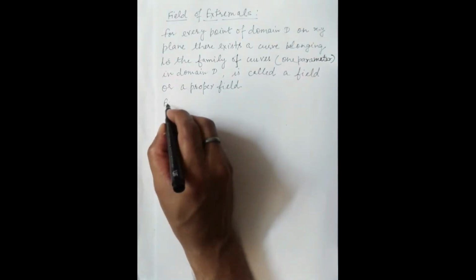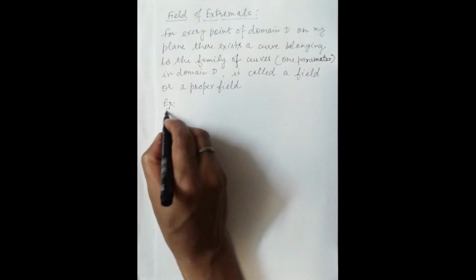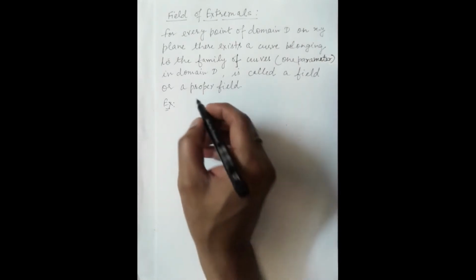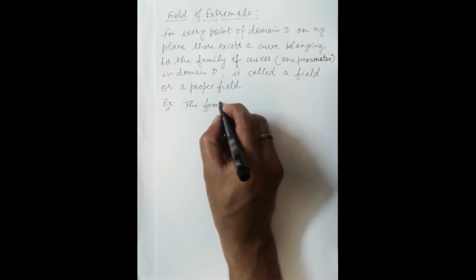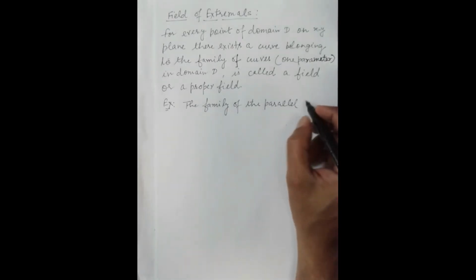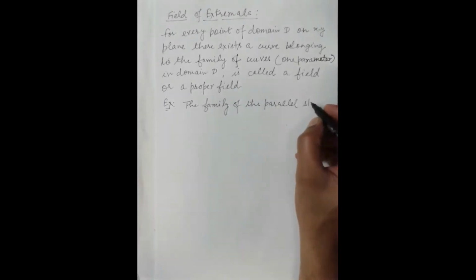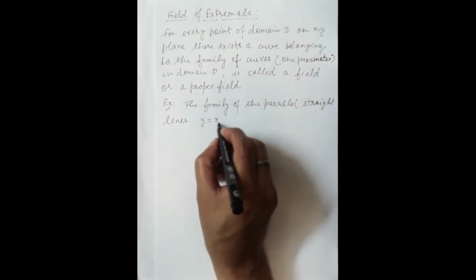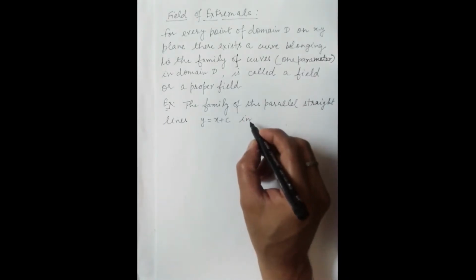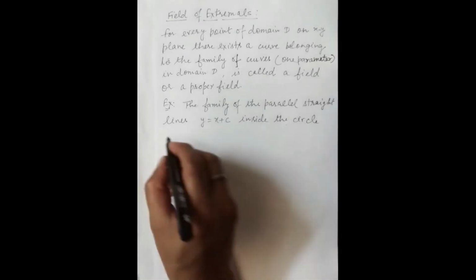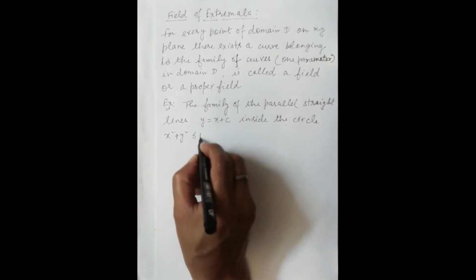For example, the family of parallel straight lines y equal to x plus c inside the circle is a field.